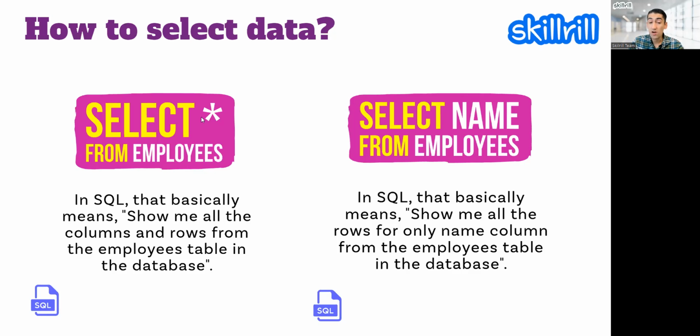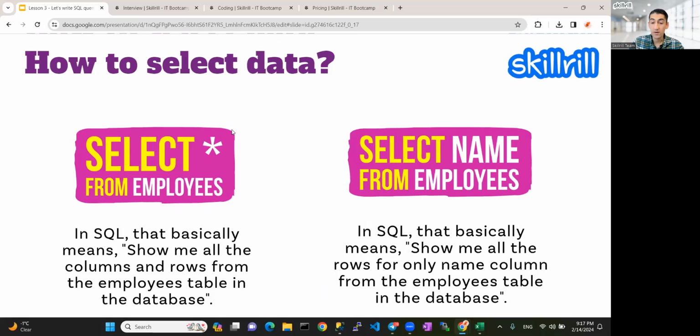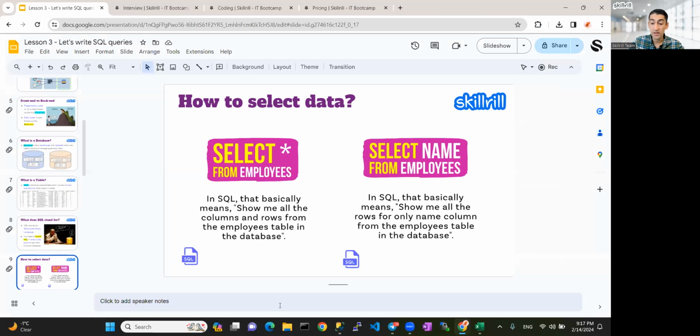Star basically means all the columns. Select star from employees. Sounds like English, right? It's simple. That means show me all the columns and rows from the employees table in the database. And if you wanted to select a specific column, then you have to mention the column name instead of the star.